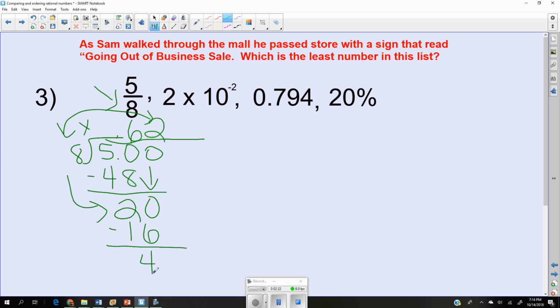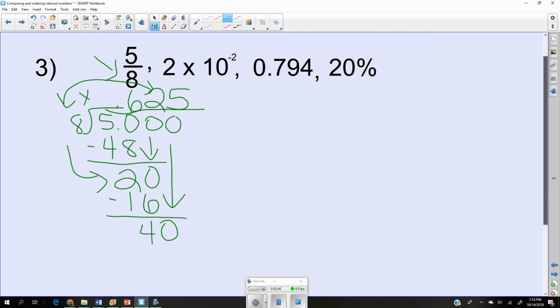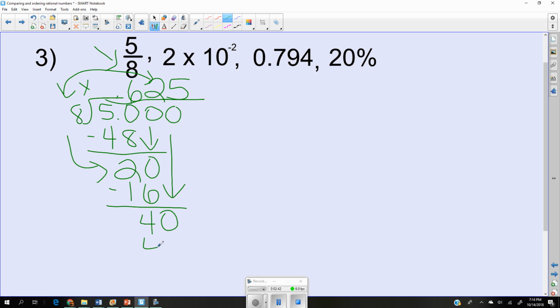But since we have a remainder, we need to add another 0 and bring it down. Now 8 times what is 40? Hey, we finally have one that will go evenly. 8 times 5 is 40. We multiply 8 times 5, which is 40, and we have no remainder.